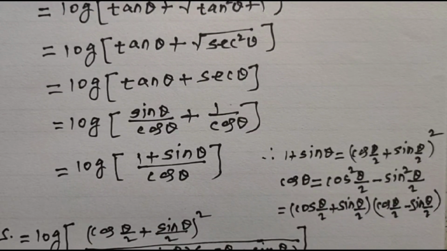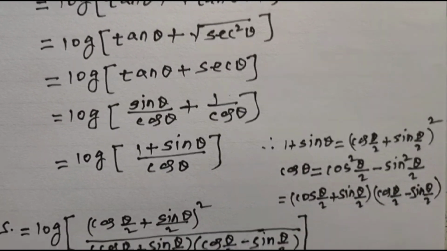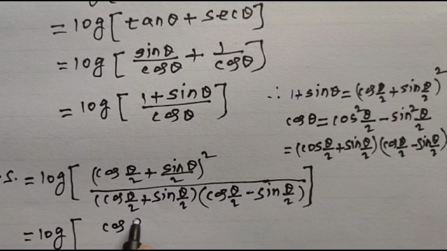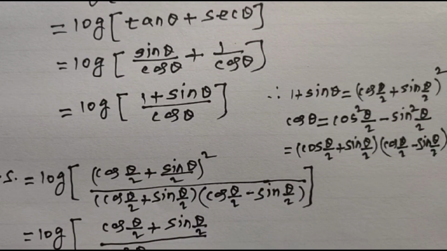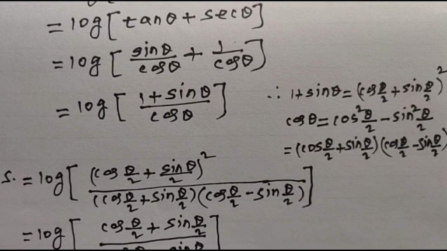Now we can cancel this square with this bracket. Then we can write logarithm of (cos theta upon 2 plus sin theta upon 2) divided by (cos theta upon 2 minus sin theta upon 2). Now divide numerator and denominator by cos theta upon 2.